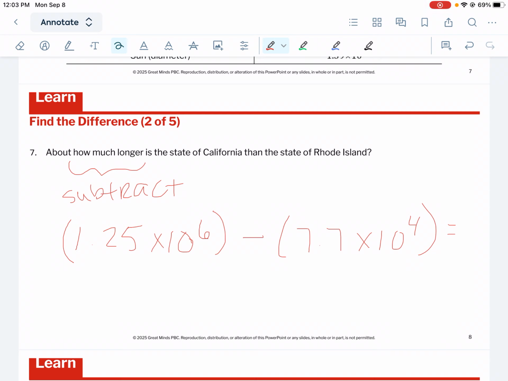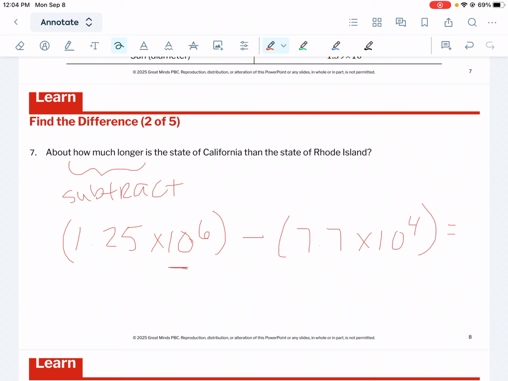I will give you a quick tip that a simple way to do this would just be to manipulate one of these numbers. Like, you can manipulate the length of California and drag this decimal place back to the left a couple of times, make it smaller. That way our exponent will be 4.